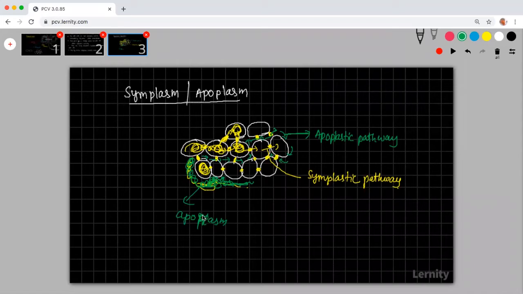So this is how the movement will happen. You have two types of fluids: one is a continuous network of cellular cytoplasm, which we call symplasm. Outside the cell you have a continuous flow, which we call apoplasm. Draw this diagram.